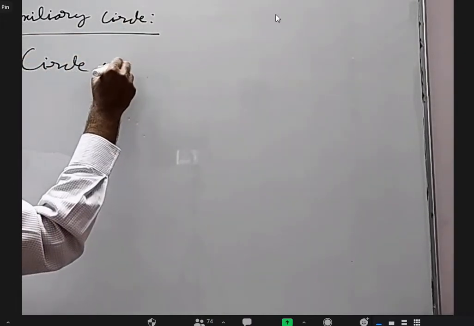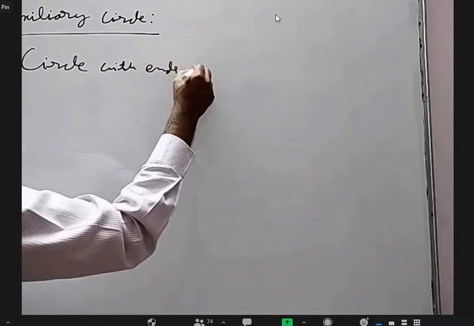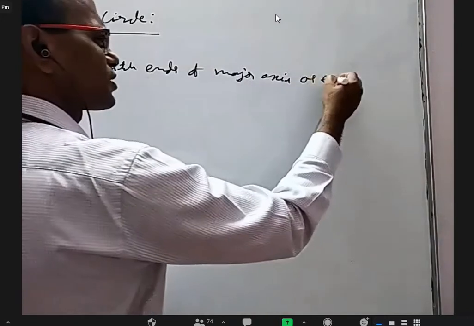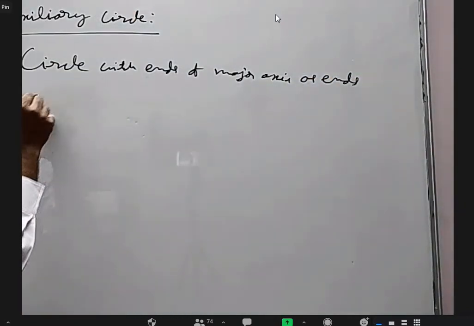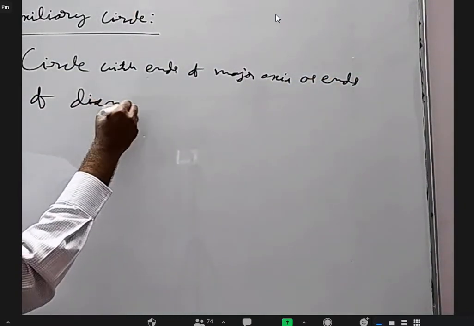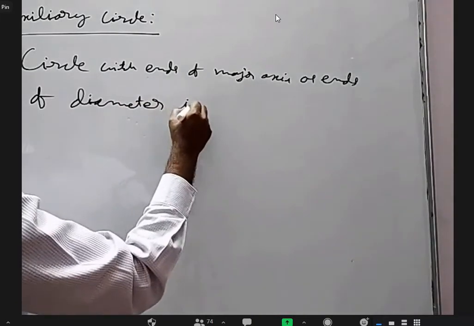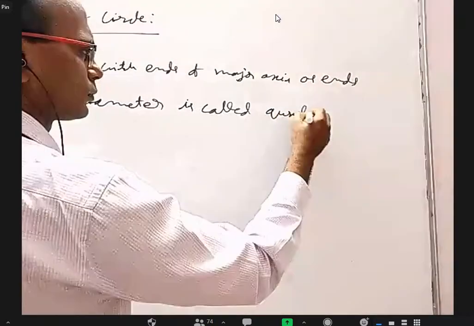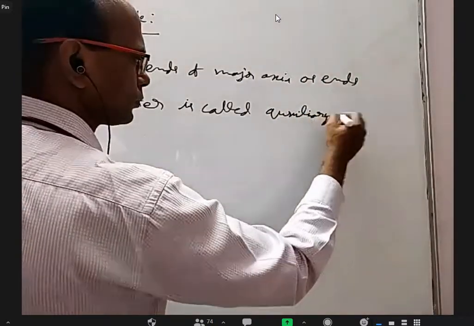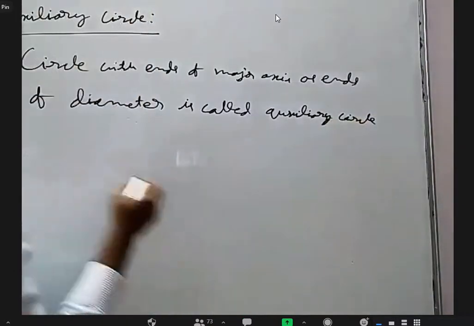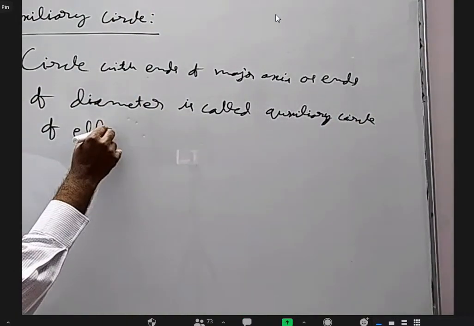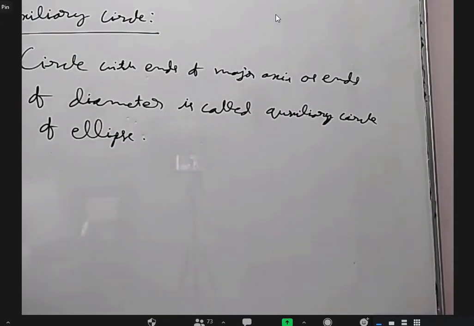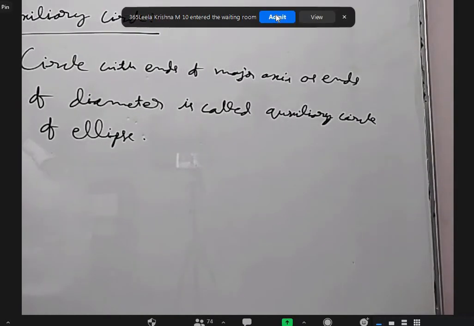Circle with ends of major axis as ends of diameter is called auxiliary circle of ellipse.